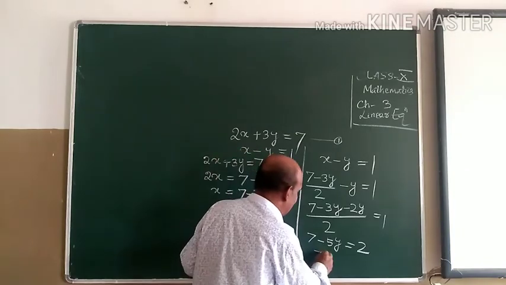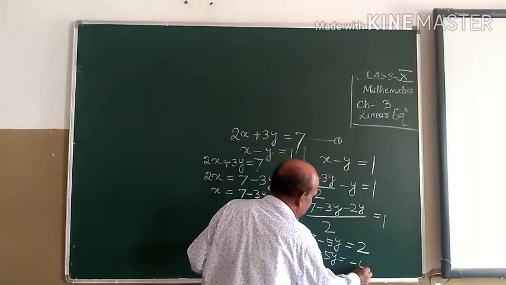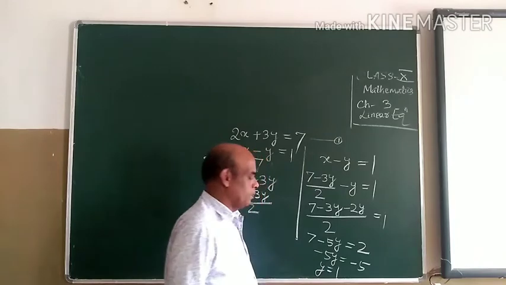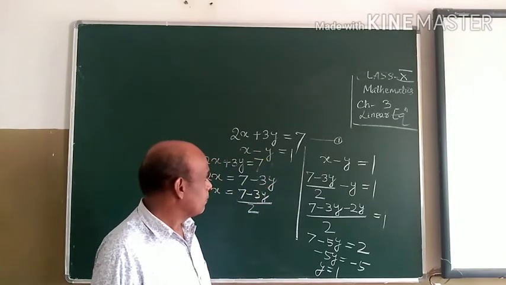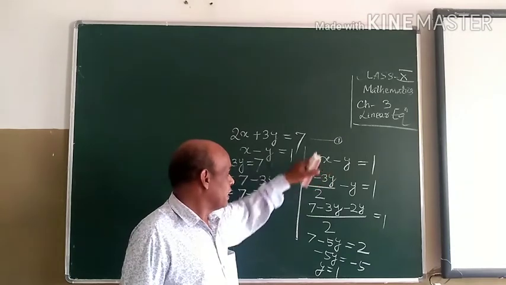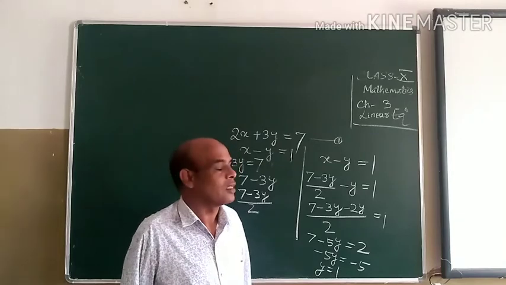So minus 5y is equal to 2 minus 7, minus 5. So the y value I got is 1. By putting the value of x and taking the LCM, I got y is equal to 1.